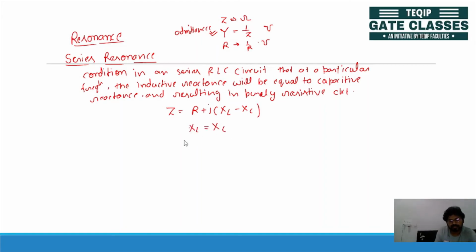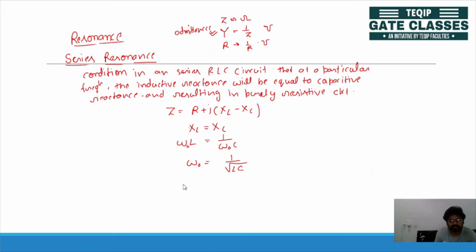XL means omega L. Okay, omega L, let's say this is omega naught, and your XC is 1 upon omega naught C. From here you will get omega naught is equal to 1 upon root LC.